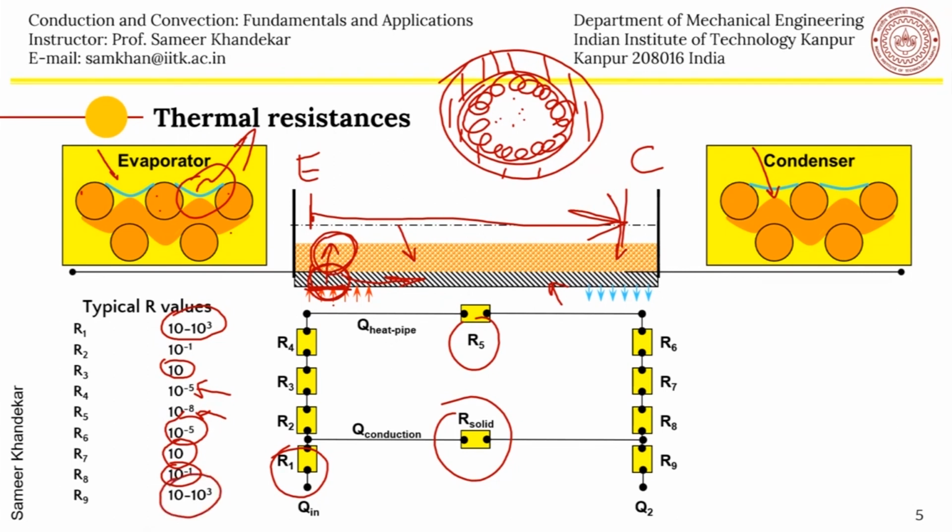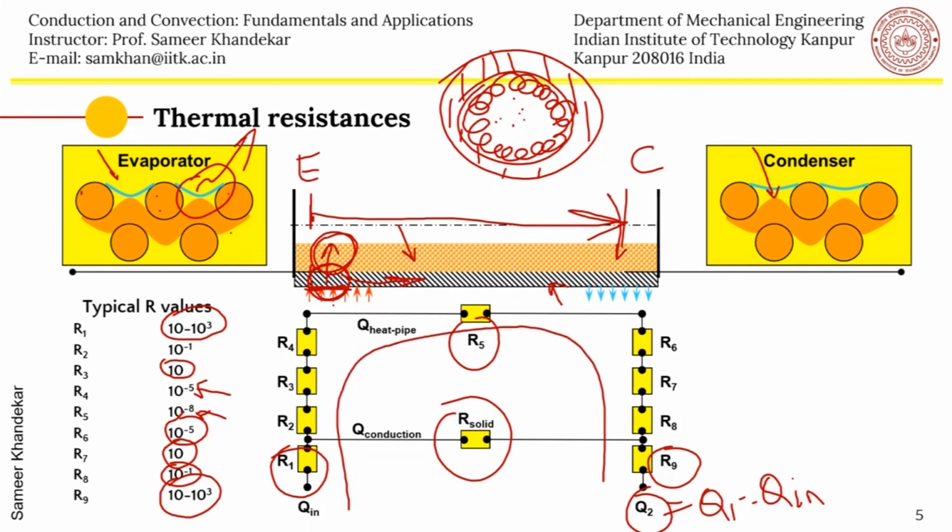Okay, so this is how the heat gets transported from location A to location B. Mind you, at the interface there is latent heat, so here it is latent heat transfer, and here again latent heat is given back to the ambient. It has to go to the ambient from here.